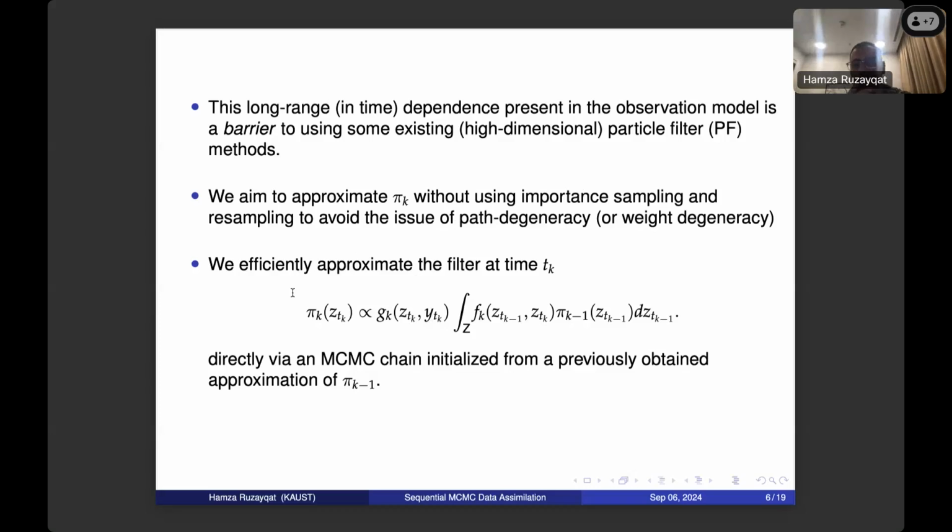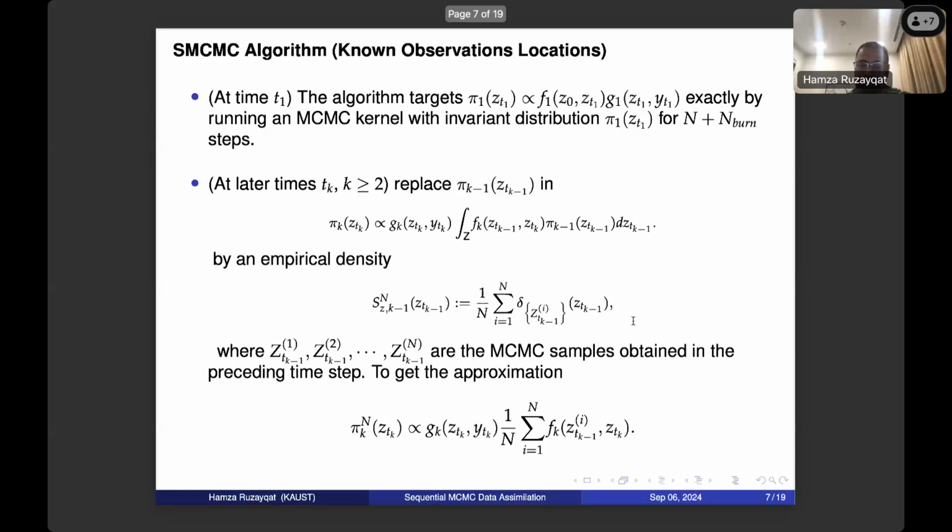One way is to use MCMC to sample from these distributions. However, this integral here makes it difficult, and so we estimate pi k minus 1 as follows.